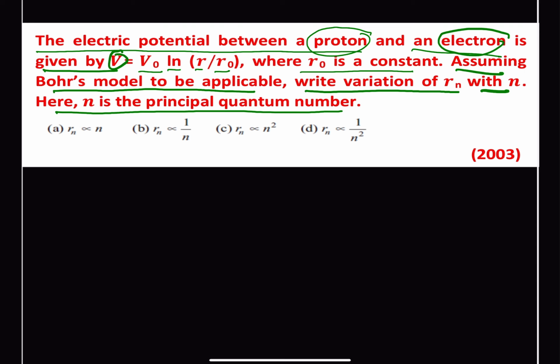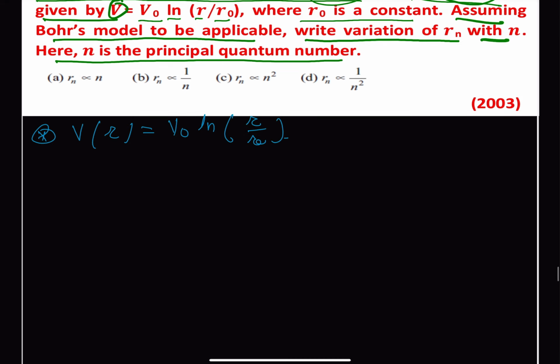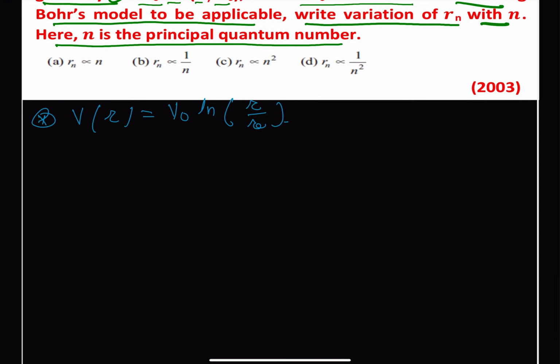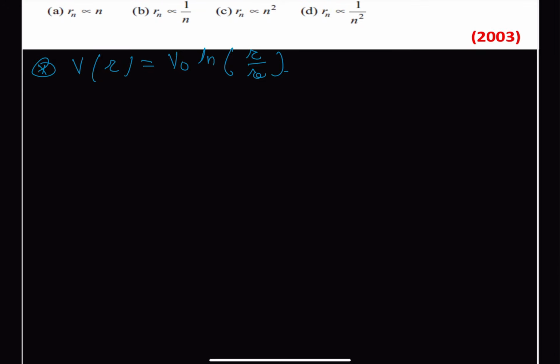So we are given that V of R is equal to V naught natural log of R upon R naught, and we need the energy force relationship.